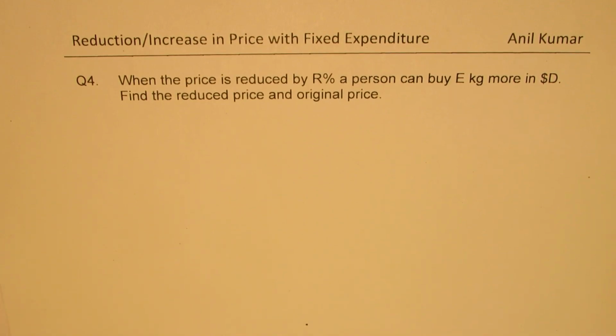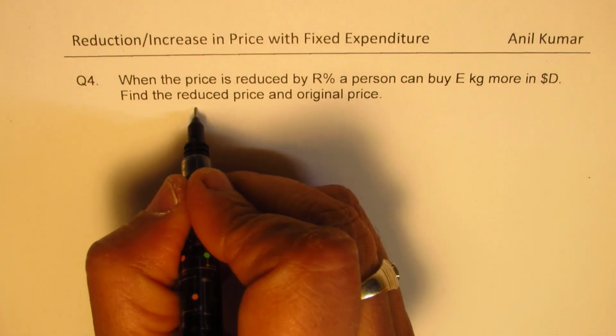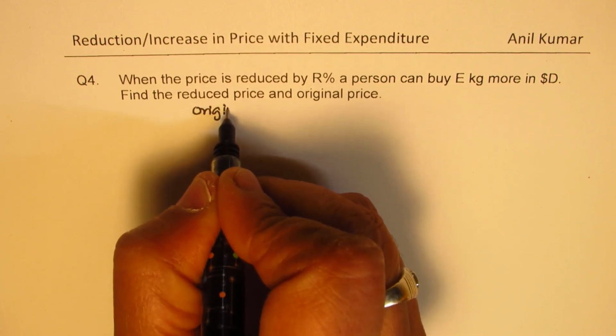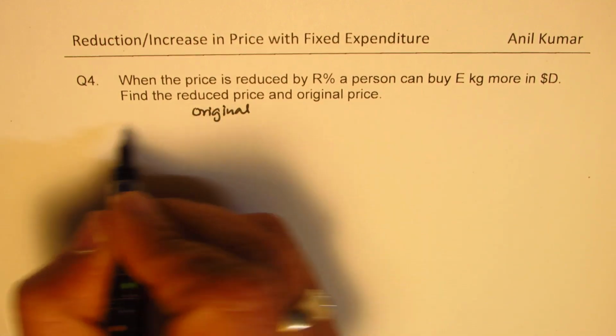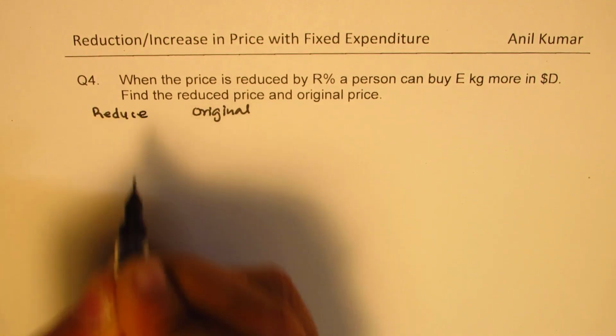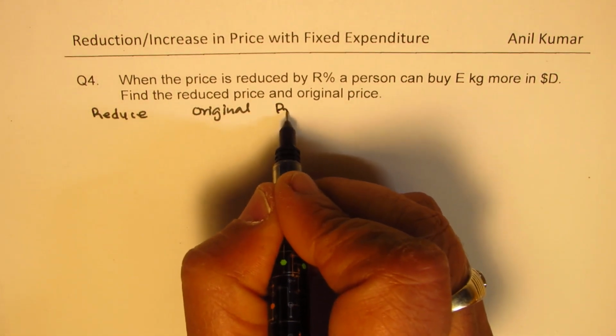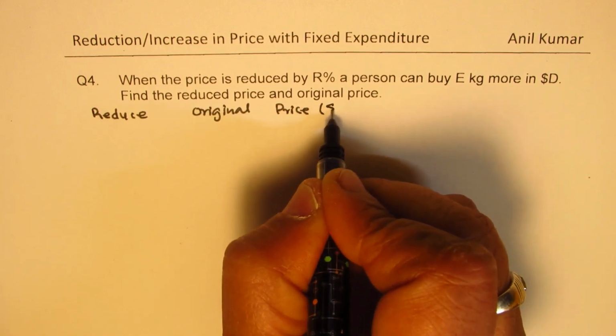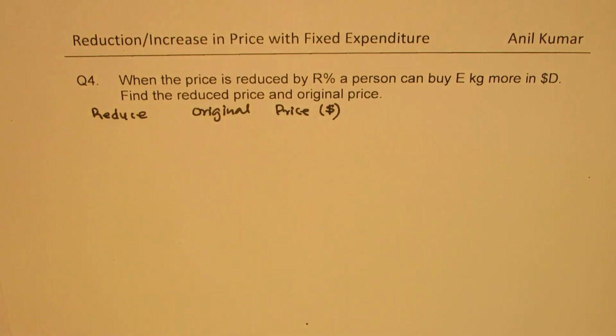So we'll begin with writing what the original price is. And when we reduce it, it'll be lesser, so we'll write here reduced. This price will be in dollars. It's good to go with the units as units help us to check our formulas, right?